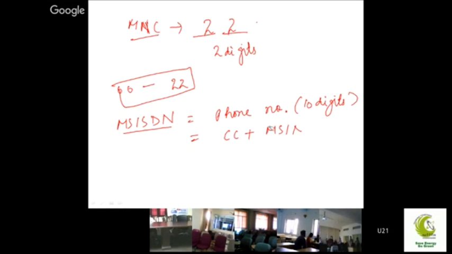It is made up of country code plus our phone number. The country code is of 2 digits. India's country code is 91, plus our phone number.